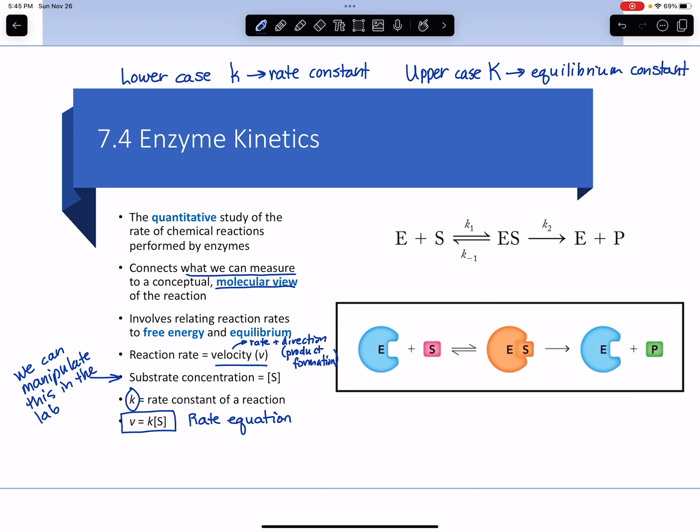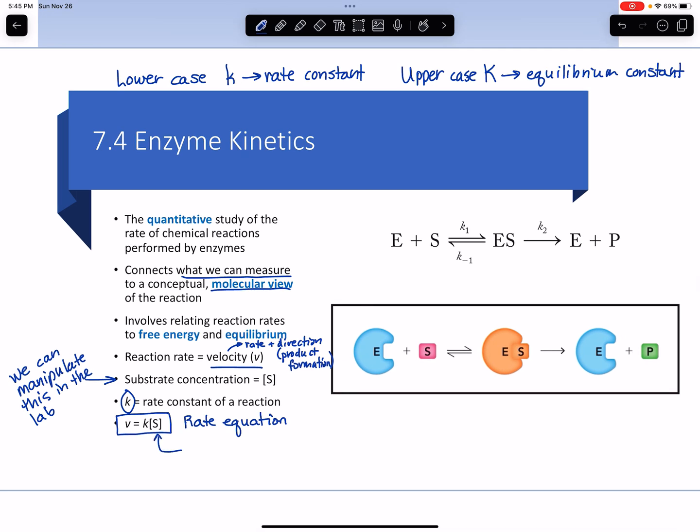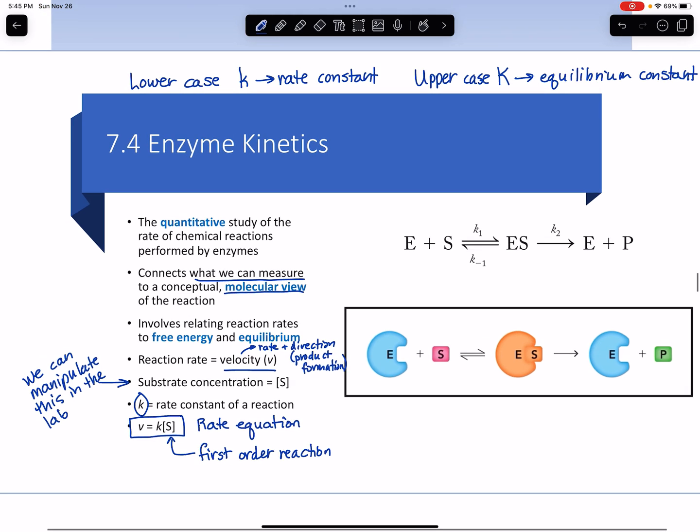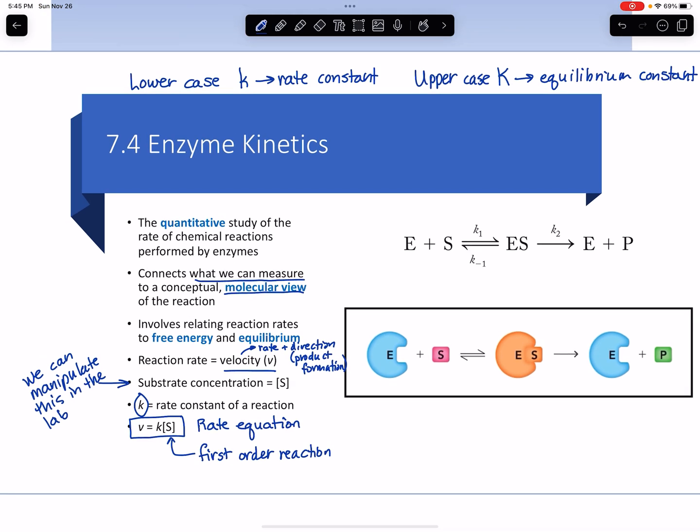In the simplest case, this is a rate equation for a first order reaction, because, remembering our kinetics from general chemistry, the exponent on our substrate concentration, our reactant concentration, is a 1. So this is a first order reaction with respect to the substrate concentration. And k is our rate constant.